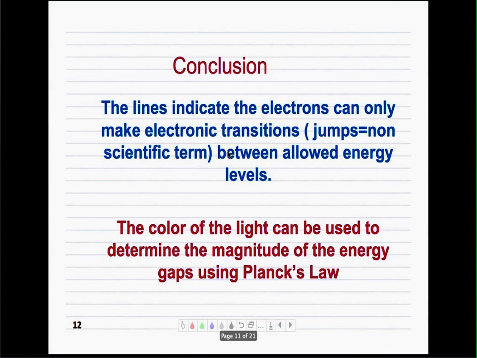The color of the light can be used to calculate the energy, which we just saw a minute ago, by using Planck's law, which is E equals hc over lambda. This is Planck's law.